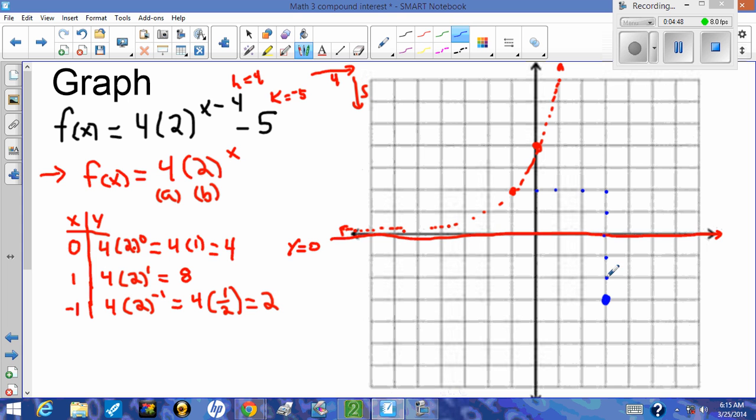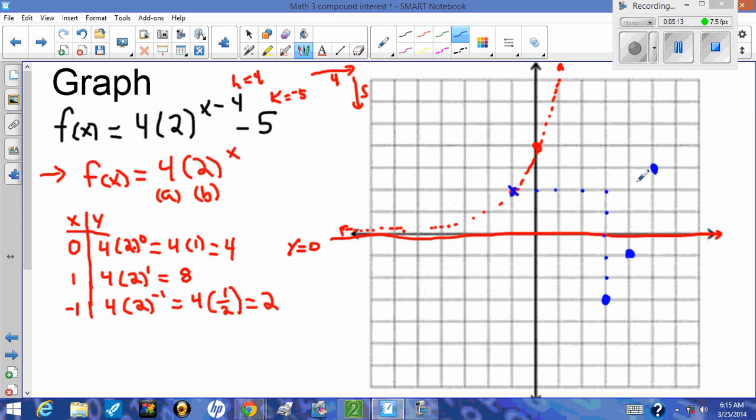Okay, there's my new point. When I'm done with my old point, if you can't erase it, just cross it out. Next point, over 4. 1, 2, 3, 4. Down 1, 2, 3, 4, 5. Last point, over 4. 1, 2, 3, 4. Down 5. Remember, he's up 1, so 1, 2, 3, 4, 5.